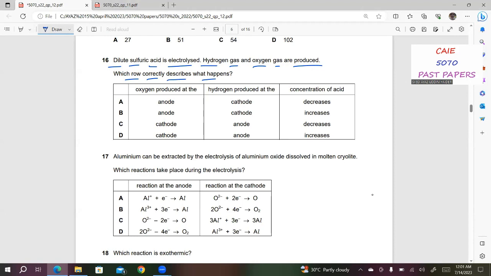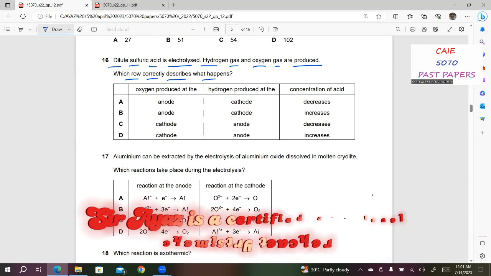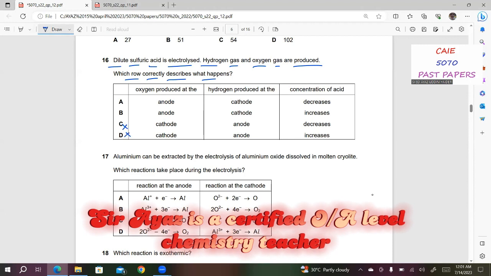So automatically choices C and D are incorrect. So we are left with A and B. Both A and B seem correct, but during the electrolysis of dilute sulfuric acid, the concentration of H positive ion will increase. So choice B will be the right answer for number 16.